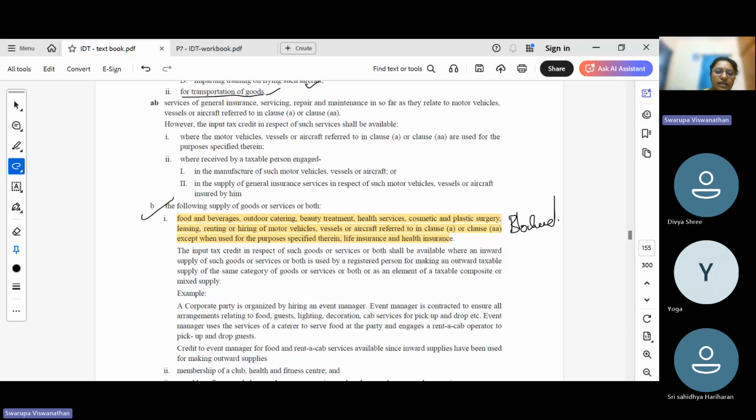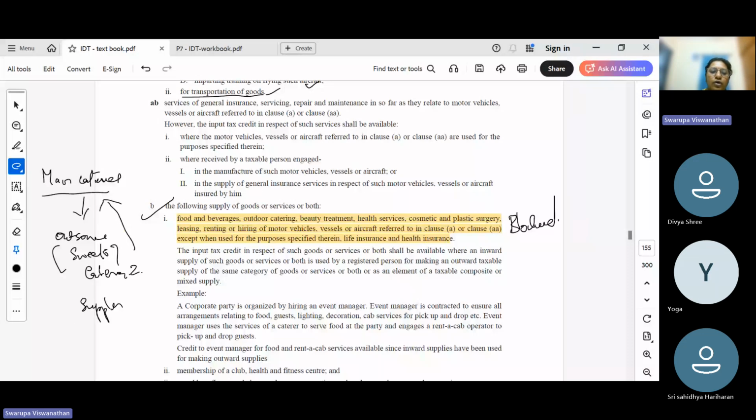So there is a main caterer who has been appointed for a wedding. He will outsource sweets to another caterer, caterer 2. So these sweets are being provided, so the supplier is caterer 2 and the recipient is caterer 1.